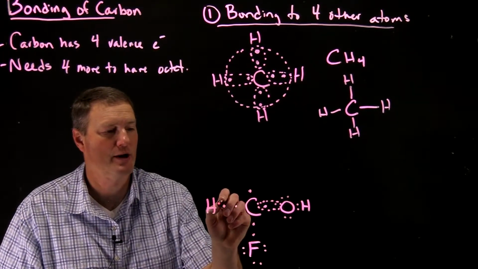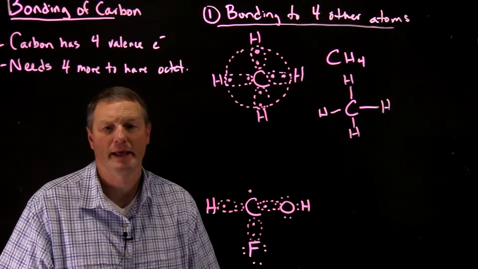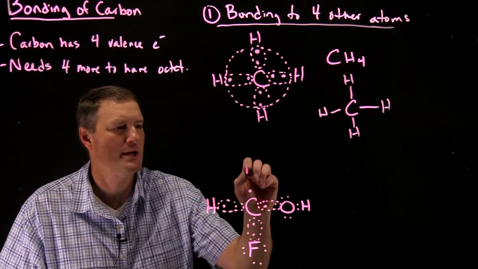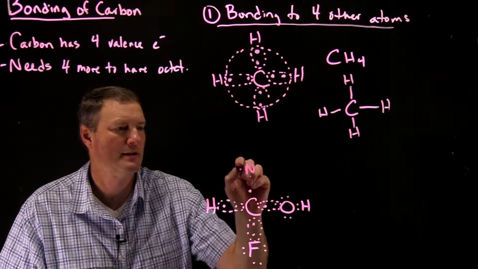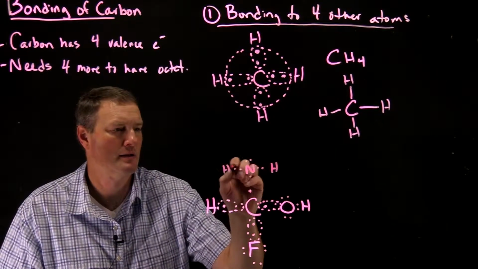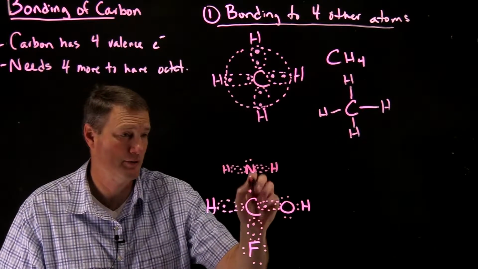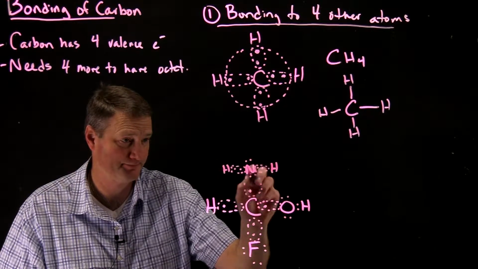Okay, so there's now a bond. We have a bond here. And let's have it be bound to, let's say, a nitrogen. So nitrogen has 5 valence electrons. Okay, and I'm going to put 2 hydrogens on there. So there's a bond, and now notice that the nitrogen is going to have 8 total. I've now got a bond here.